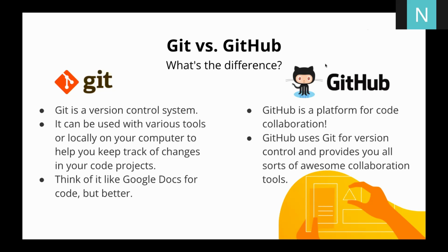That's really good. If you've used Google Docs or Google Drive, then you've used version control. And now we have GitHub. GitHub is an online platform for Git. So you can do a lot of different code collaboration on it. You can use Git visually, but you can also do other things on it.